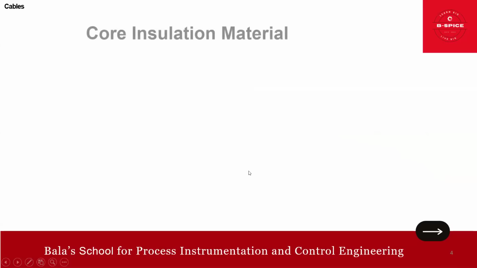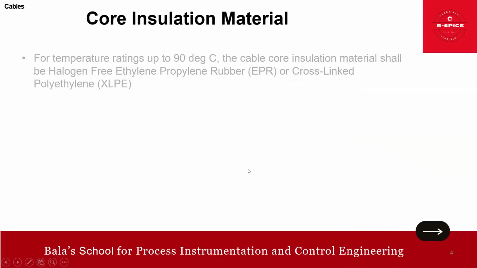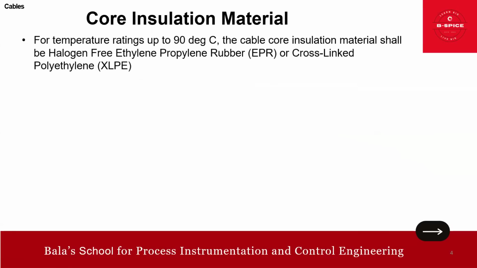Conductor. Now, we'll talk about the core insulation material. See, friends, you know this, right? For temperature rating up to 90 degrees, the core insulation material shall be halogen-free ethylene propylene rubber. We call it EPR or XLPE, that is cross-linked polyethylene, which we commonly use.